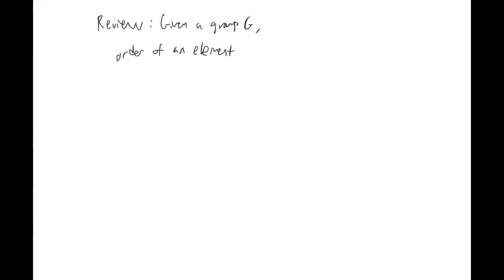This is the order of an element, let's call it a. It is the smallest positive integer n such that a to the n is e, where e is the identity.